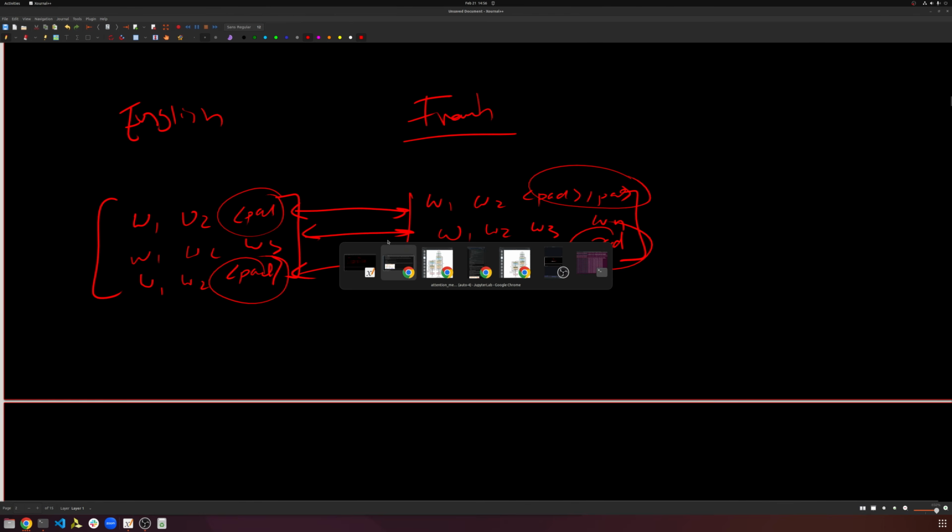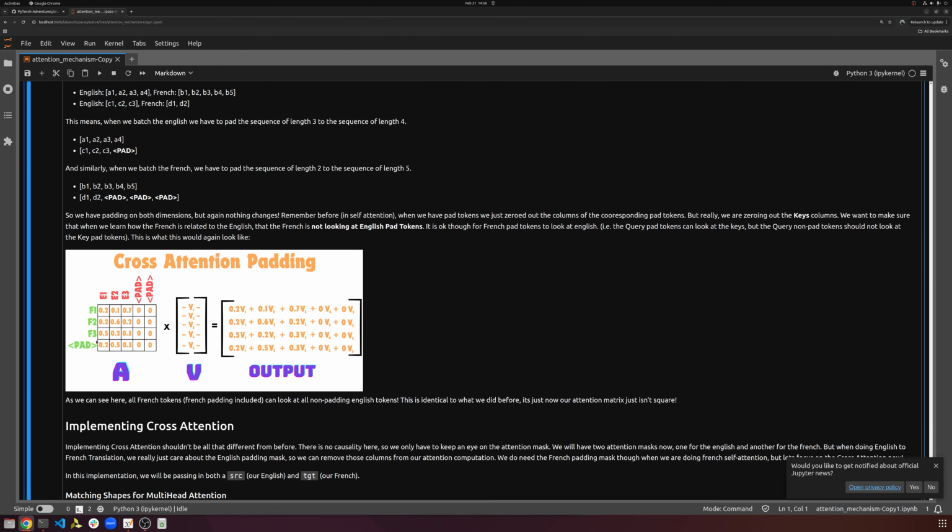How do we deal with them? Well, exactly like what we did before. We want to learn how the French is related to the English. What we don't want to learn is how the French is related to English pad tokens. It doesn't mean anything. The pad tokens are just filler. So we will zero out, just like before, the columns of our attention matrix that correspond to the English pad tokens. So we're going to have two things now: a source attention mask and a target attention mask.